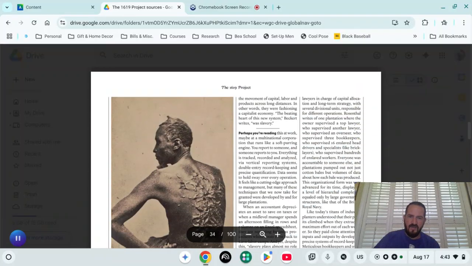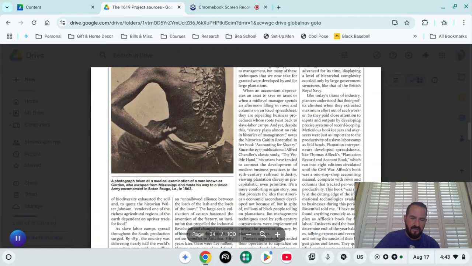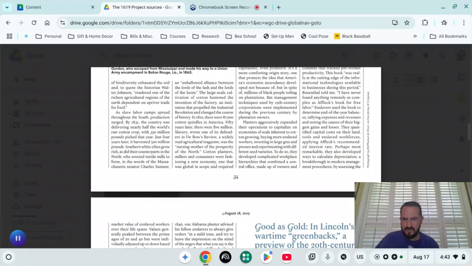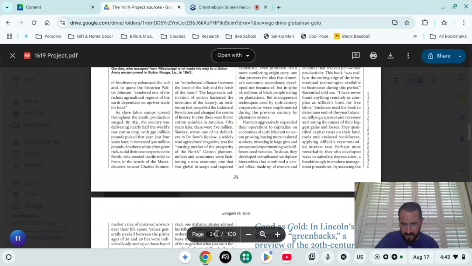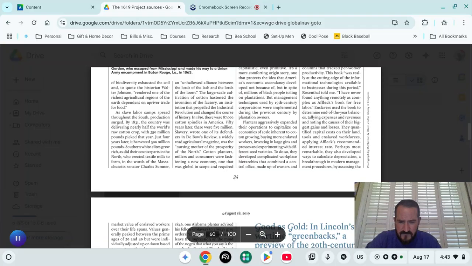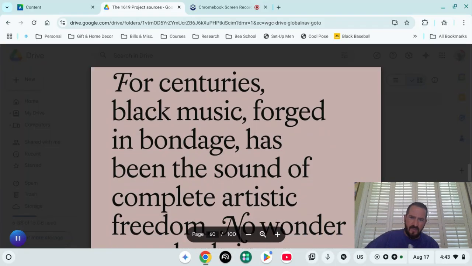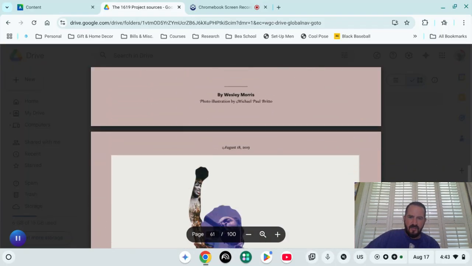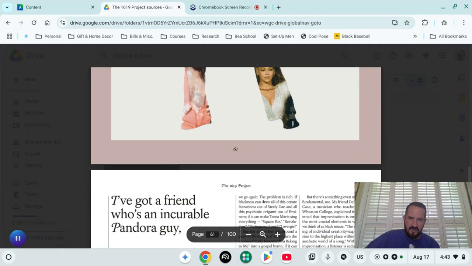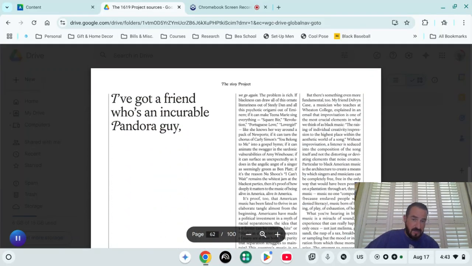And you can read through it, and it's very easy and very accessible. On page 60, there is an essay on the impact that African Americans have had on American popular culture, in this case, music, and how that is likewise linked to the development of those art forms under slavery.